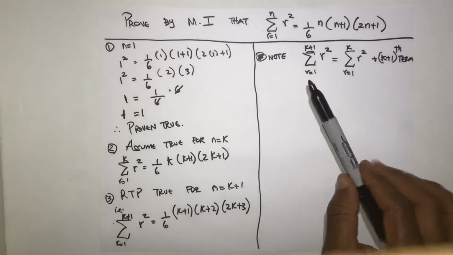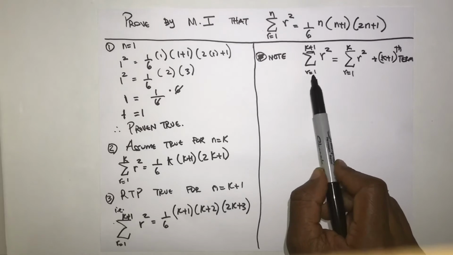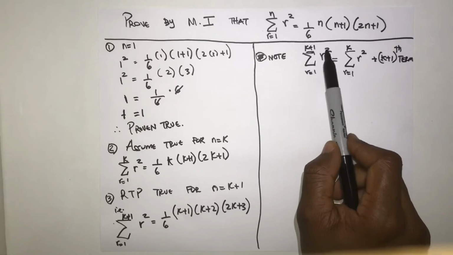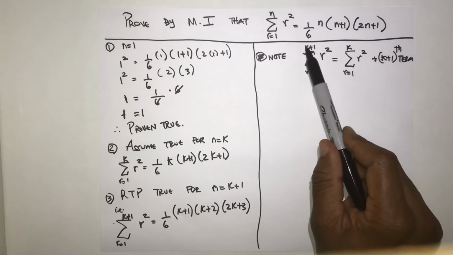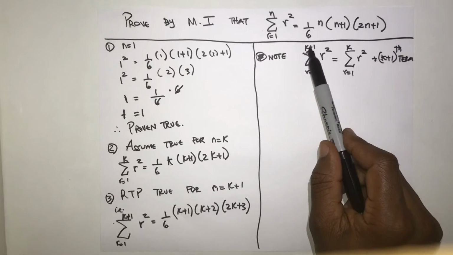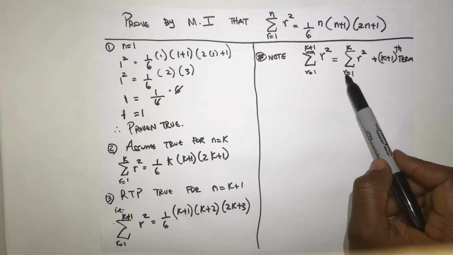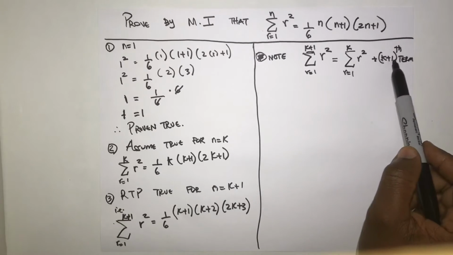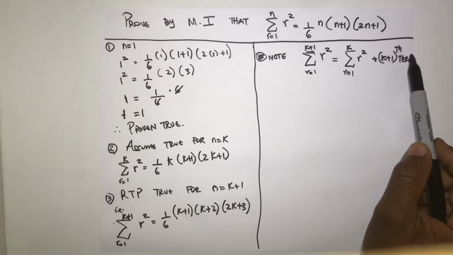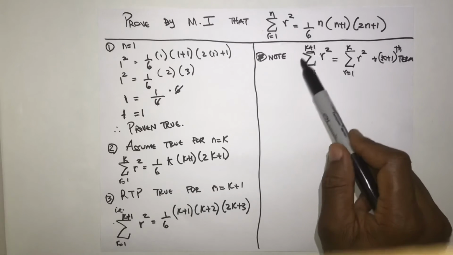If I sum from r equals 1 to k, which is the term previous to k plus 1, of the function, then I can add the last, or the k plus 1th term, to get this, right?